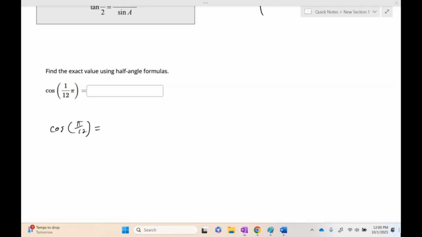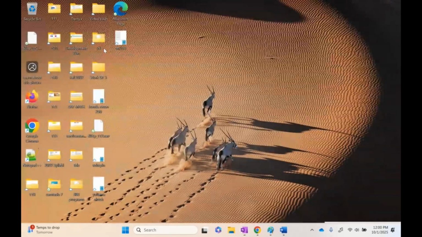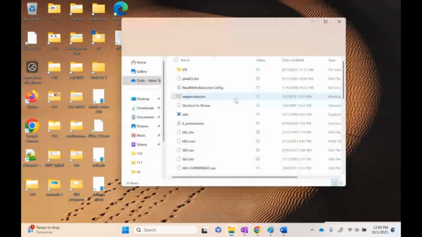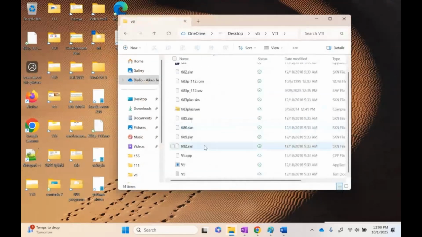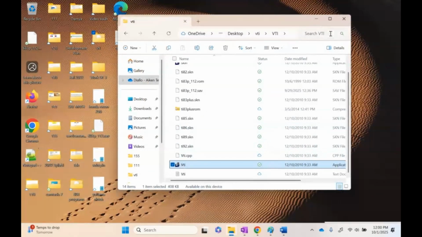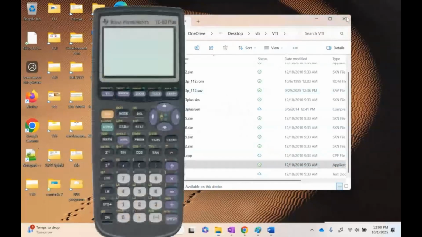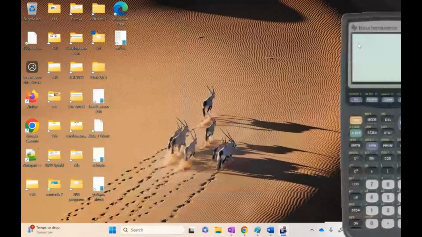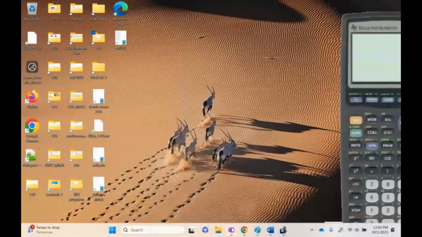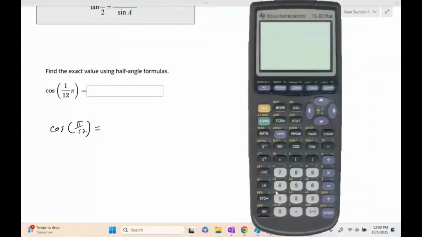Remember that pi is 180 degrees. So I'm simply going to divide 180 by 12, right, because pi radians is 180 degrees. I divide that by 12 and we get 15 degrees.